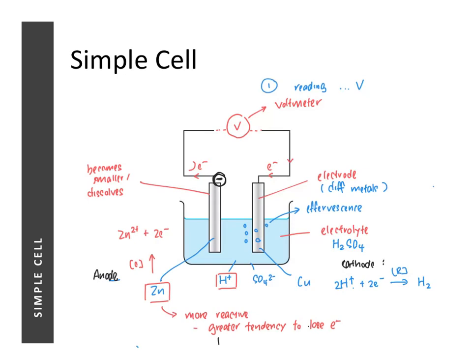Whereas compared to zinc, copper is the metal that has a lesser tendency to lose electrons, meaning a greater tendency to take in electrons. So the cathode has a positive charge.